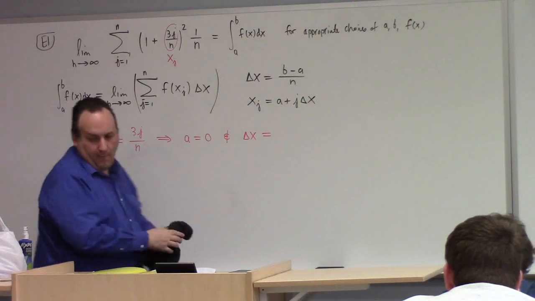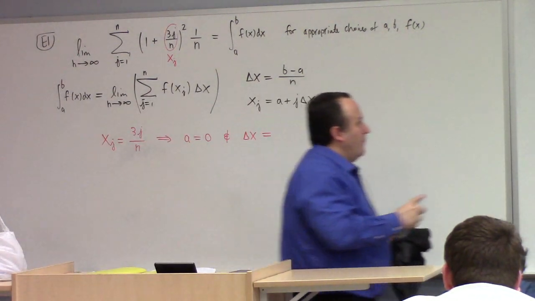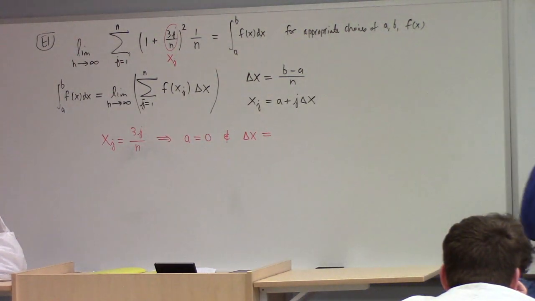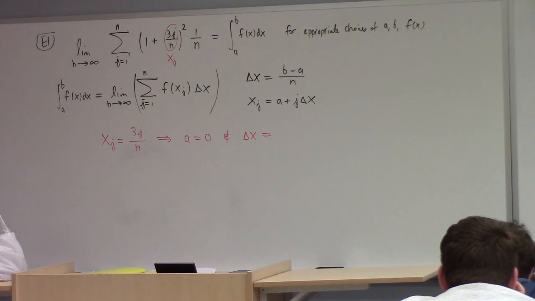Nobody? I'll give you guys a minute. Three? Delta x would be 3. But delta x has to go to 0 as n goes to infinity. It can't just be 3. But 3 is the right idea.